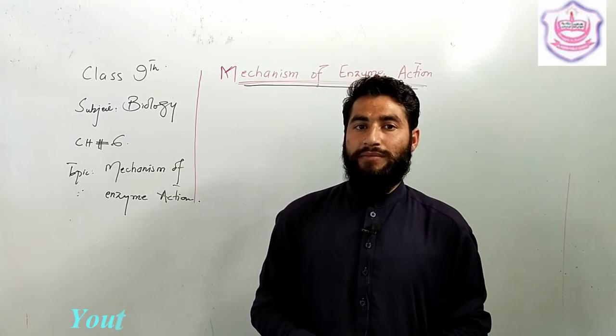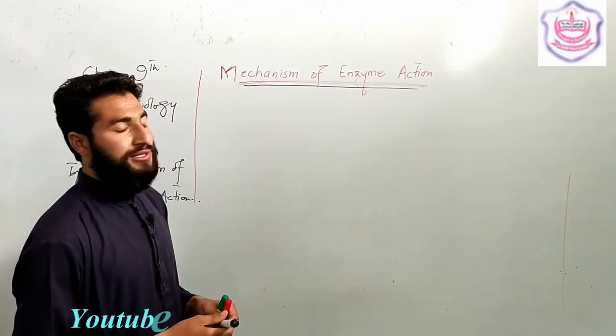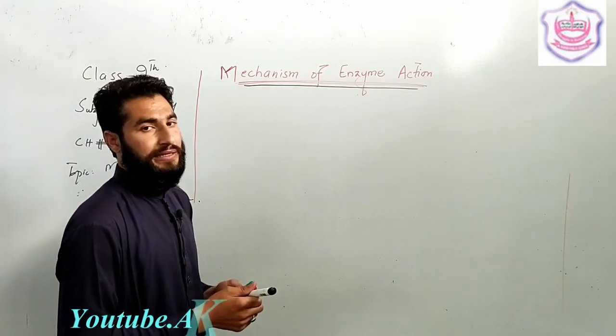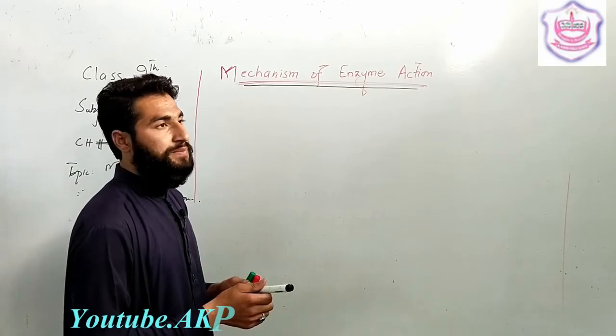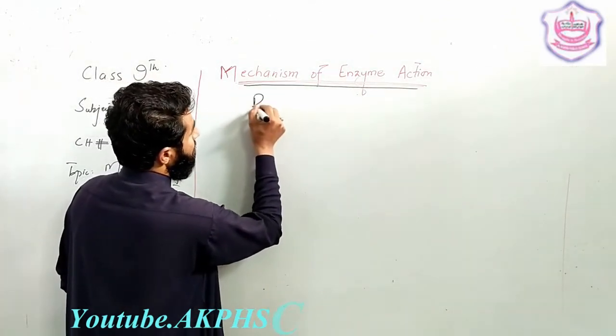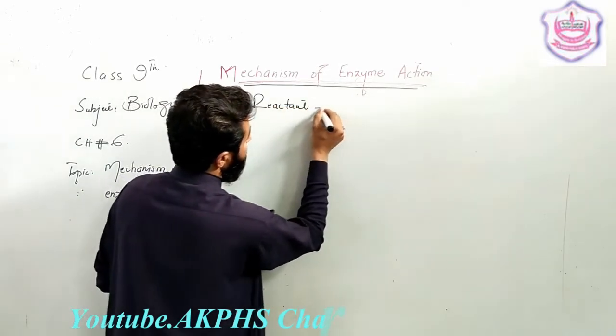In the previous class we discussed the characteristics of enzymes, and today we discuss the mechanism of enzyme action. Mechanism of enzyme action means how the enzyme alters the rate of a biochemical reaction, or how the enzyme speeds up a biochemical reaction, or how the enzyme changes the reactants into products.